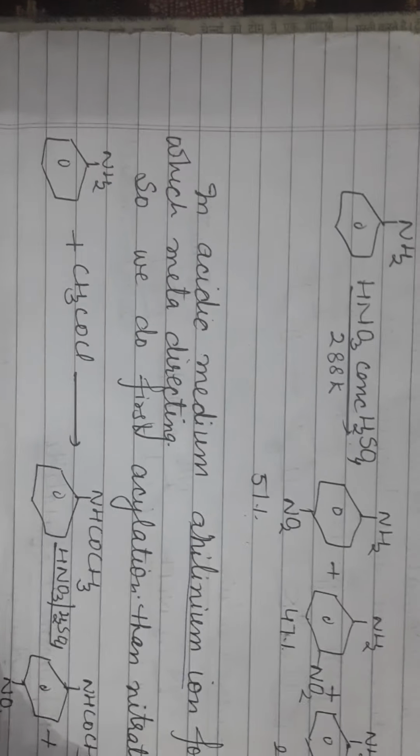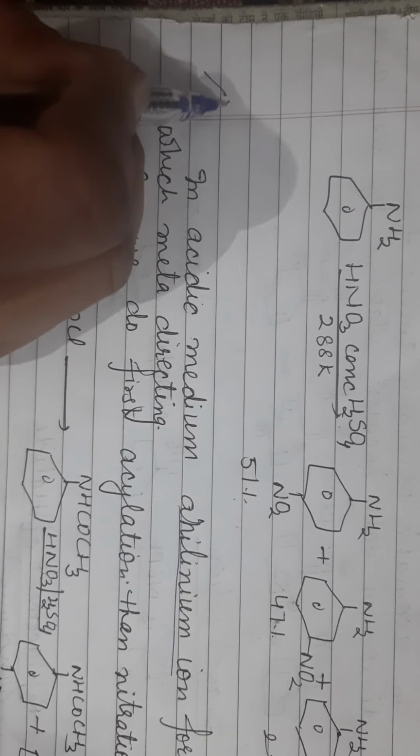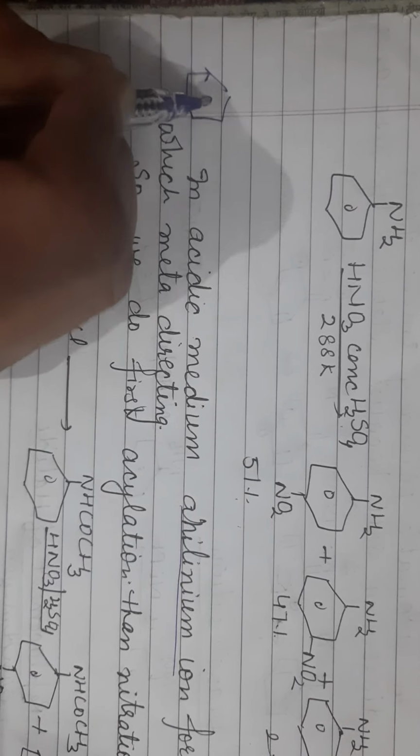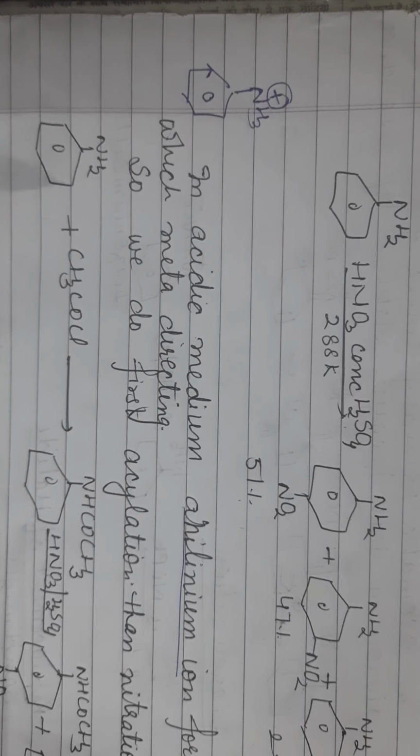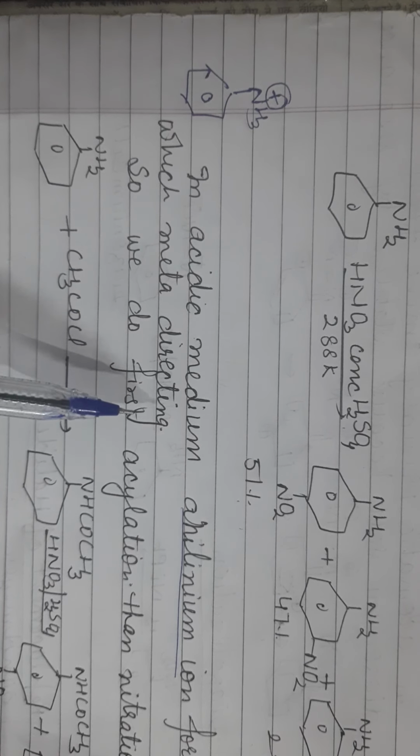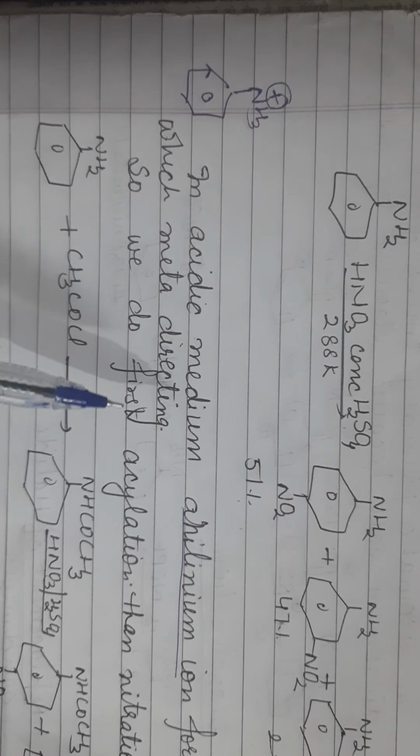What will be the structure of the anilinium ion? This is the anilinium ion structure, which is meta directing. So we get meta as the major product here.